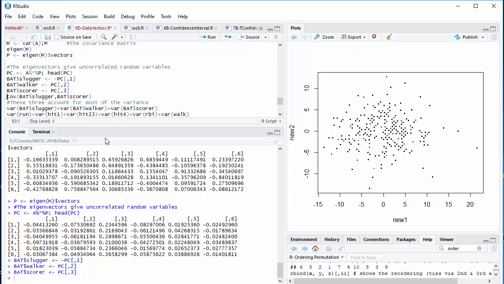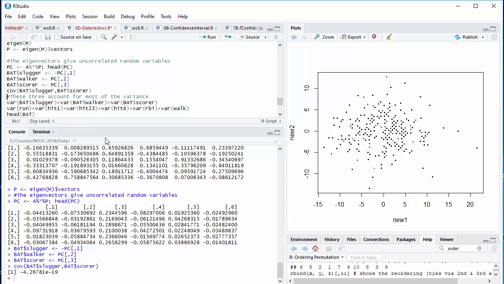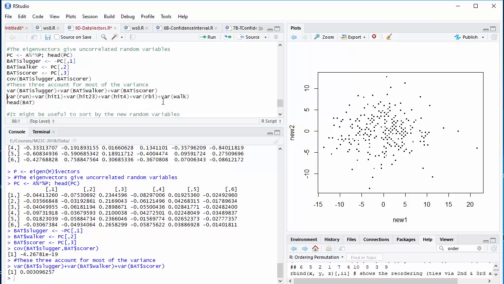And of course, these are orthogonal vectors in a six-dimensional space. They correspond to uncorrelated random variables. And conveniently, these three principal components account for most of the variance. If I add up the variances of my three new random variables, I get 0.0030.